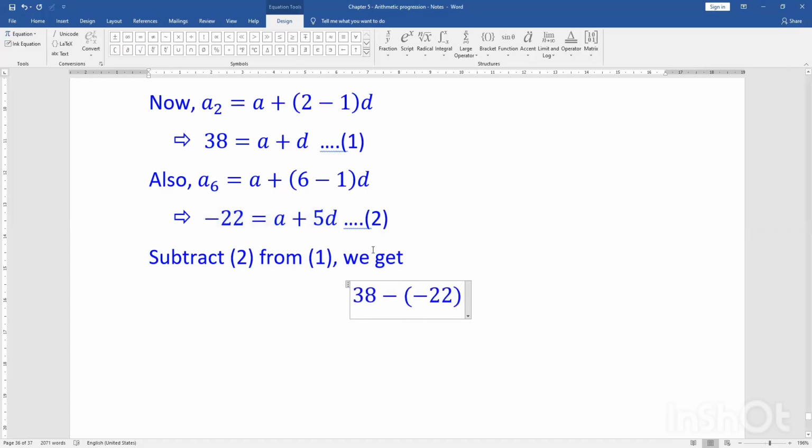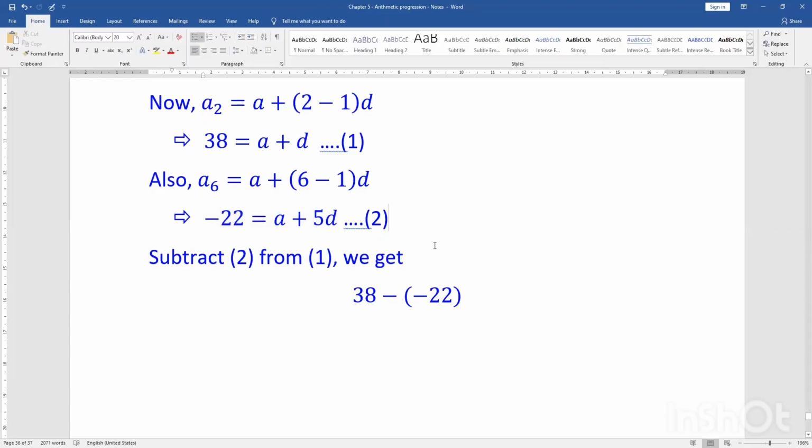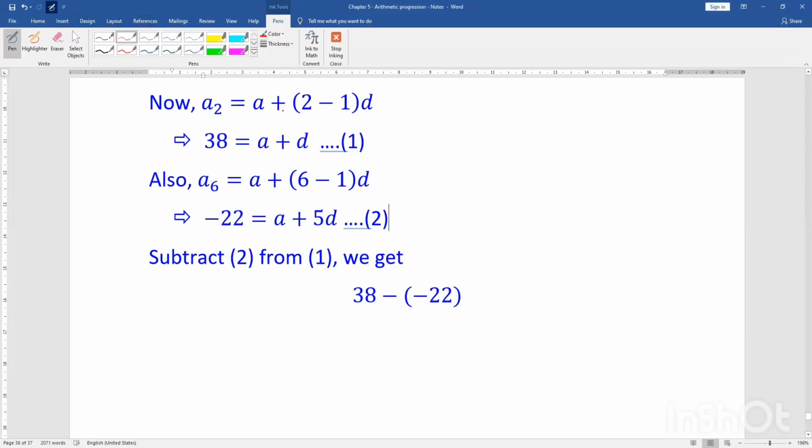See, 2 from 1 means it's nothing but 1 minus 2, because 'from' should come first, okay? So that means here you're doing equation 1 minus equation 2. So we're going to write like that. So 1 minus 2.